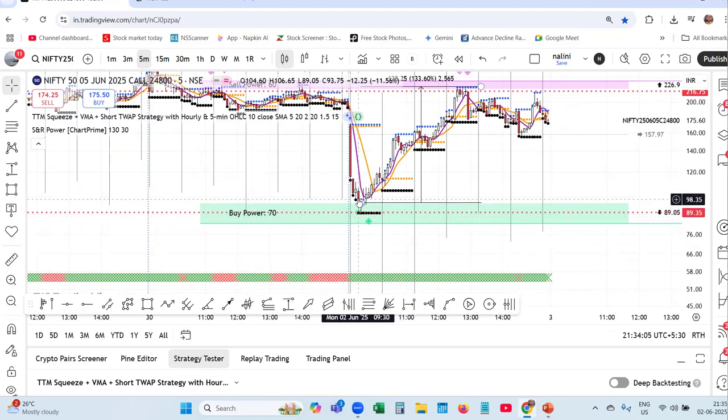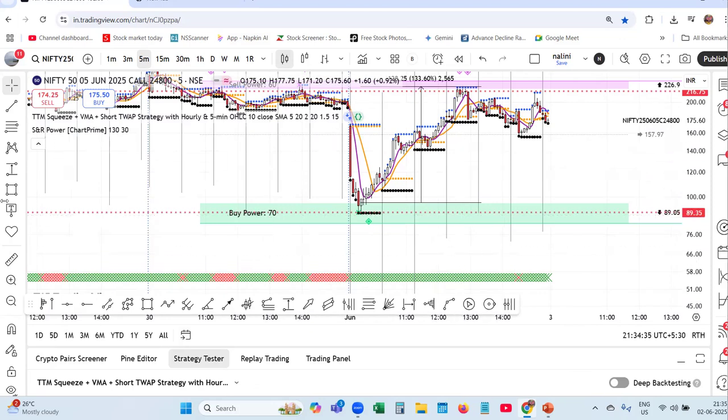Here we are getting the hourly low as well as dynamic support. So you are alert, then you have to prepare for your entry. Something is going to change, so I need to prepare for my entry.